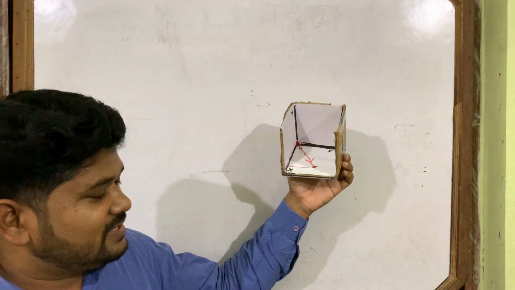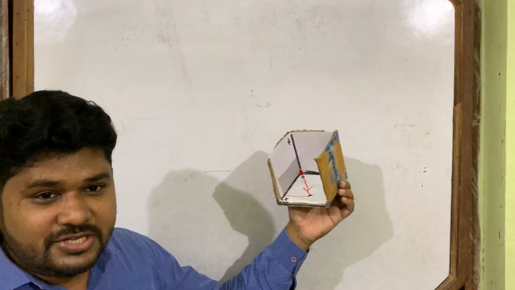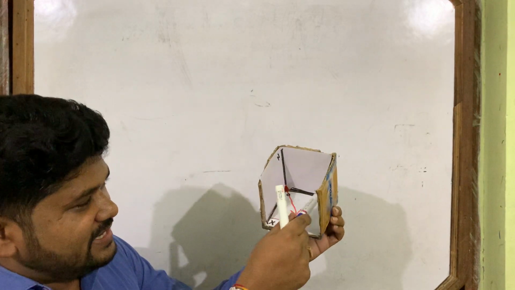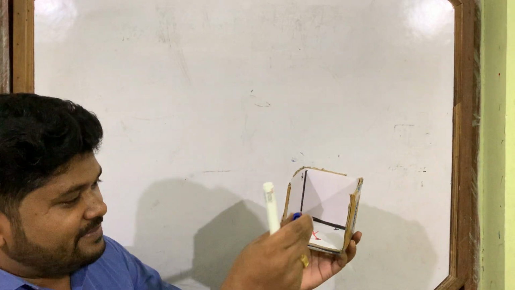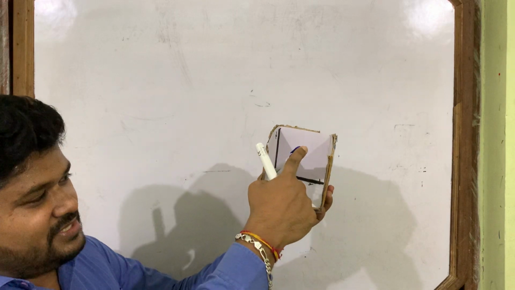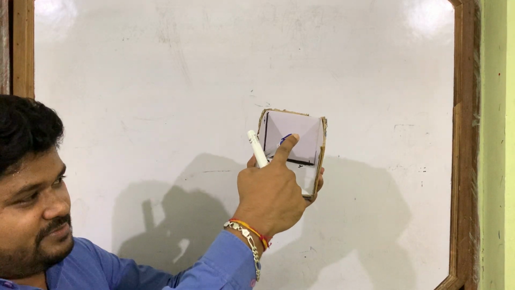So here this is the origin, this is the x-axis, y-axis, z-axis. Suppose one vector is like this. I hope it is visible to all of you.